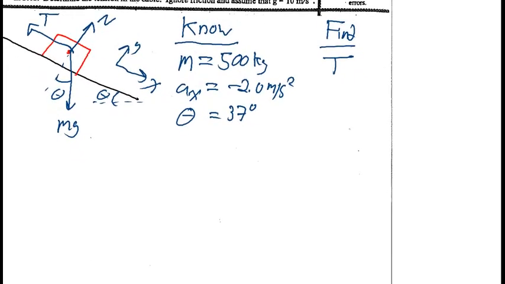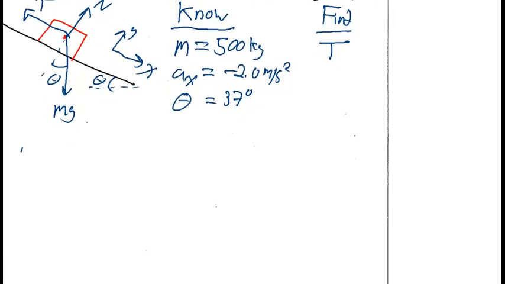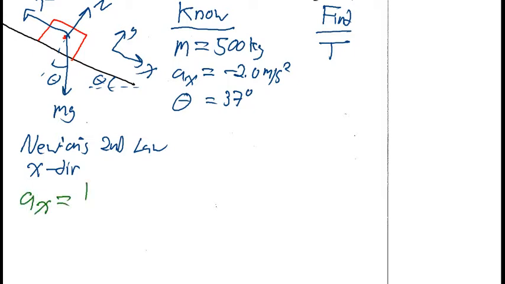All right, so we need to apply Newton's second law, and the x direction is the motion direction, so that's the one that's most important for us at the moment. So we'll say that a sub x is equal to the net force in the x direction divided by the mass of the cart.